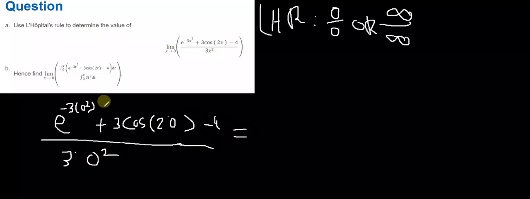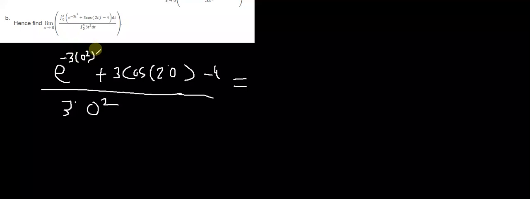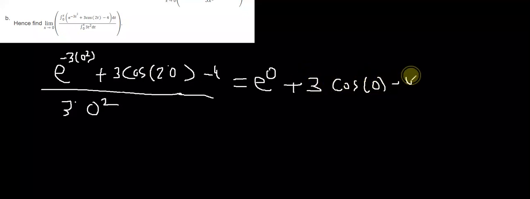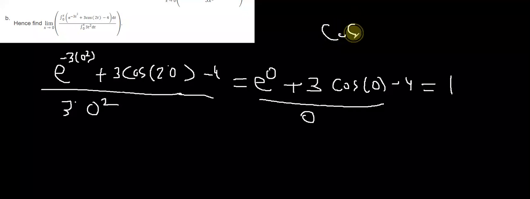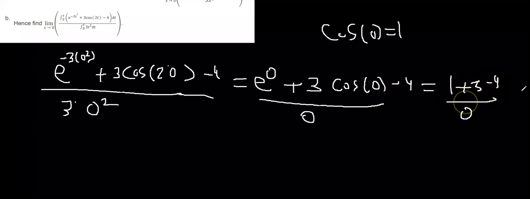That is e to the 0 plus 3 cosine 0 minus 4 over 0. This equals 1, because cosine of 0 is equal to 1. So 1 plus 3 minus 4 over 0 is 0 over 0. First we need to show that for the mark scheme, and now we can apply L'Hopital's rule.